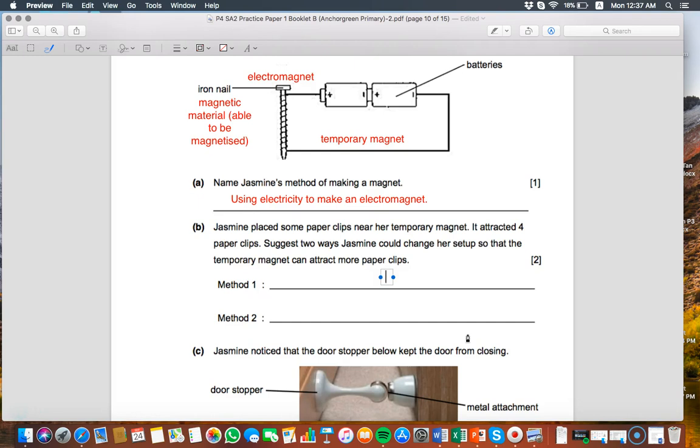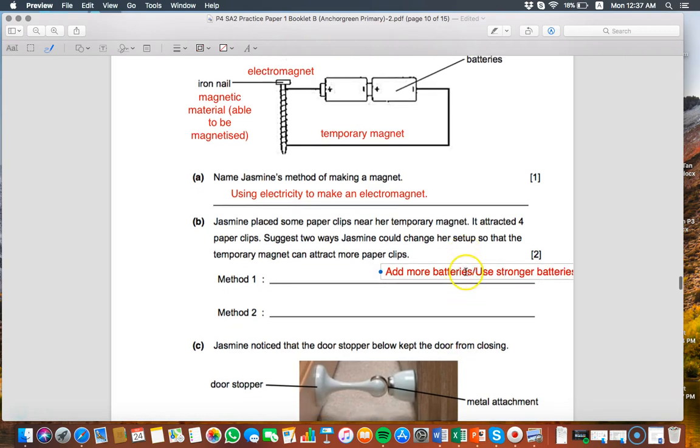First way is to add more batteries. Or you can say use stronger batteries. So one of the methods is about the batteries. And the second method is about the coils. Add more coils or turns around the iron nail.